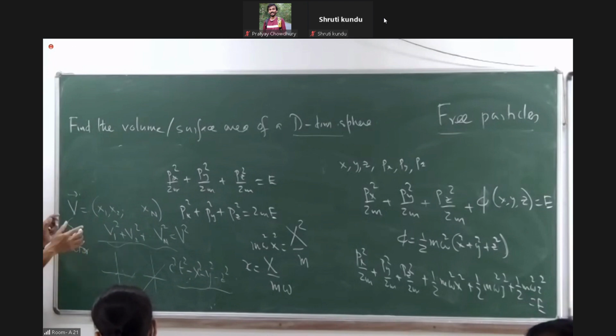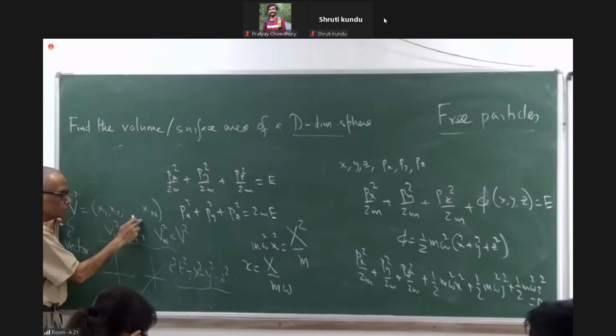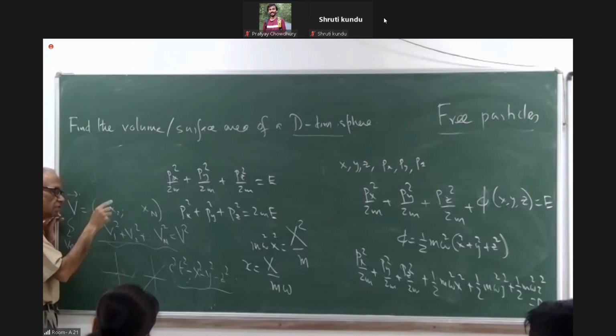and therefore all that we are doing is standard particle in a Euclidean space, but instead of one particle, I have n particles. If I have to represent n particles, I need n vectors, n 3D vectors if it's in a three-dimensional space, 2D vectors if it's in a two-dimensional space, and 1D vectors if it is in a one-dimensional space. So x1, x2, each one for particle number 1, 2, 3, and each one a vector in the corresponding physical dimensional space.